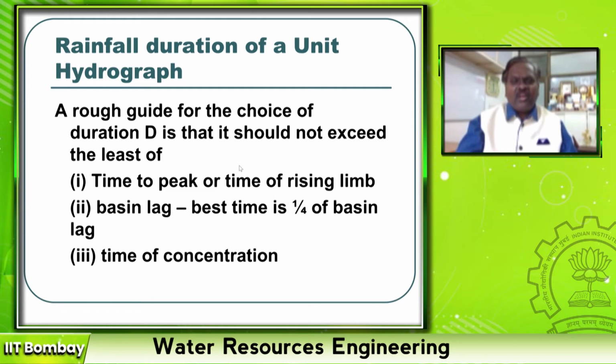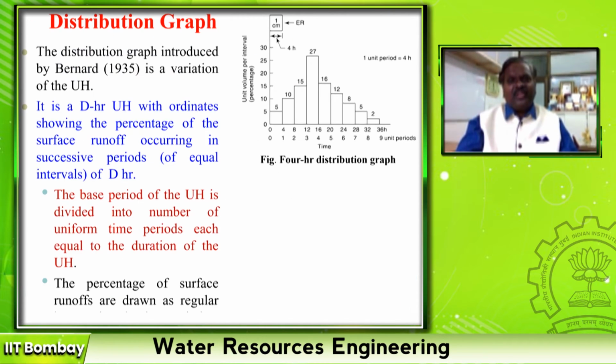That can be the duration of rainfall, or it may be basin lag, or sometimes the best time is 1/4 of the basin lag, or it may be time of concentration. So the duration should not be more than these three times. If it is more than this, then the nonlinear concept also comes into the picture, right?